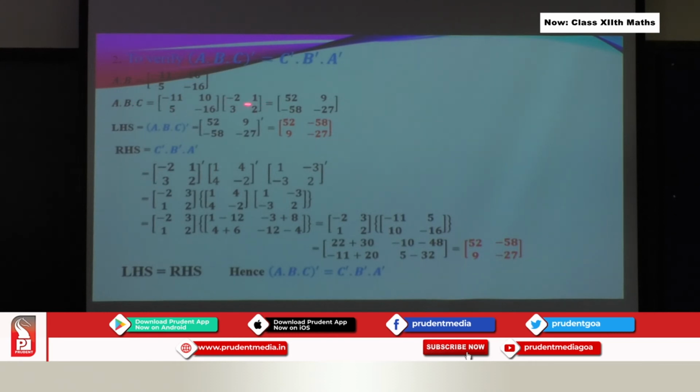So I will be multiplying these two matrices, and I am getting the output as this. Now I am supposed to take this and find the transpose of it. So it is 52, 9, 52, 9. The row will become a column. This second row will become the second column. Is it happening the same way? Yes. My LHS, I am getting it as this matrix.